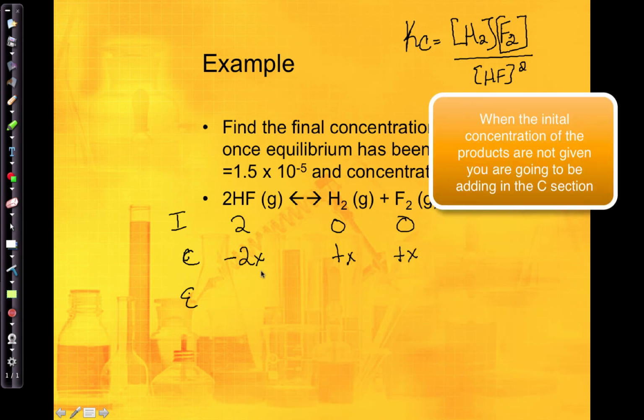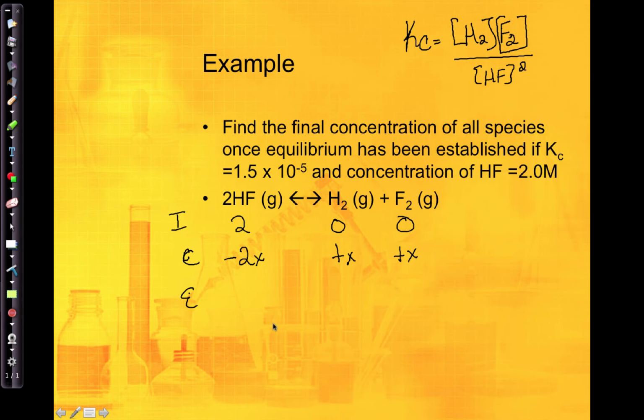Alright, so now we can put these together. No equilibrium concentrations were given here at all, so we're just going to simply put the I with a C. So 2 minus 2x, 0 plus x, so it's just x and x. Now that I have this part, I'm going to plug it into this Kc expression.